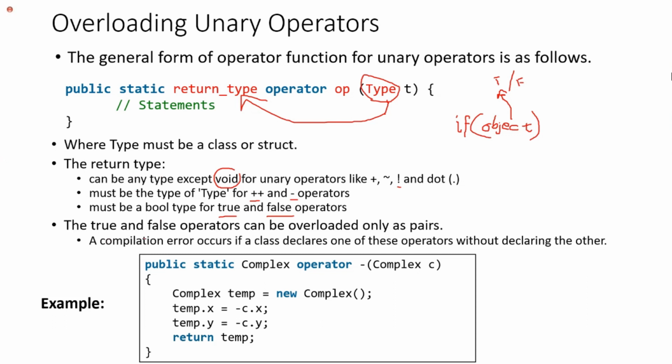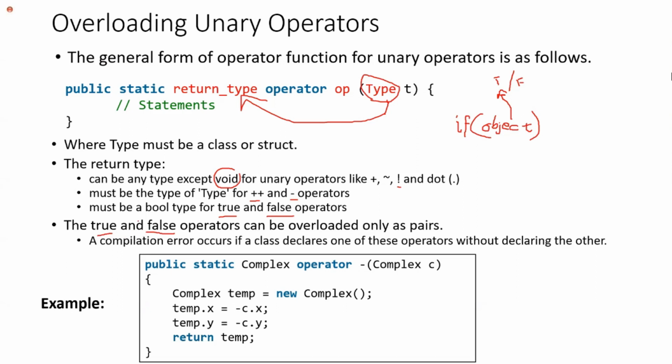The true and false operators can be overloaded only as pairs, right? You will see why. A compilation error occurs if the class declares one of these operators without declaring the other. That means if you overload true, you must overload false as well.